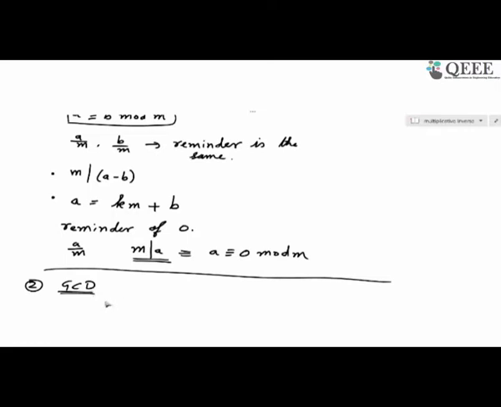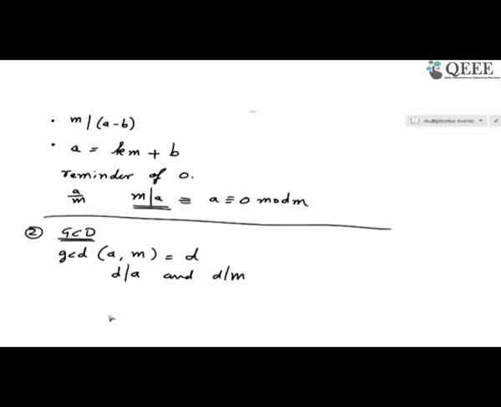Suppose you had two numbers, say A and M. The GCD of A and M, which we denote as D, is such that D divides A and D divides M. Also, D is the largest such number which divides both A and M. Again, the special case occurs when D happens to be 1.